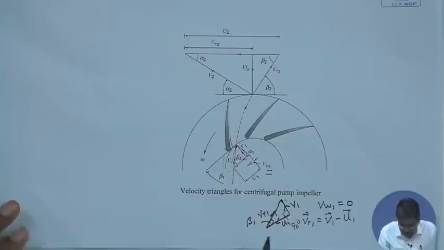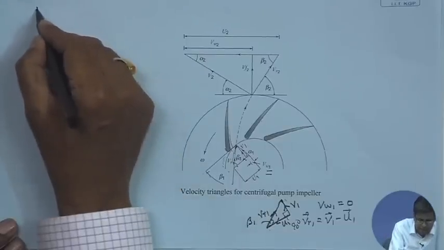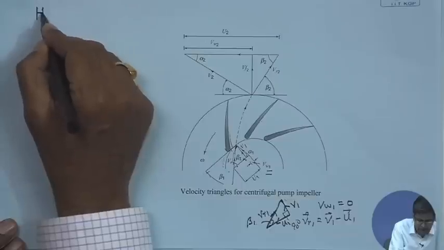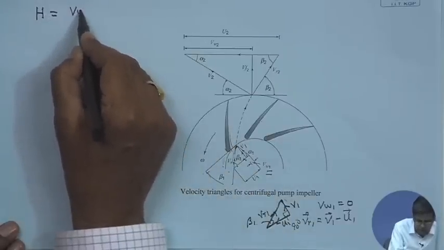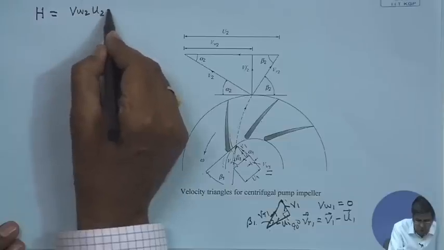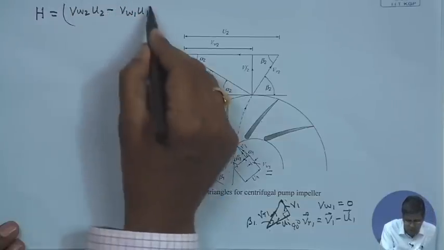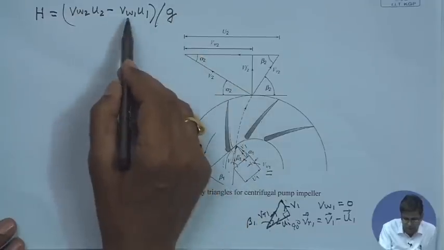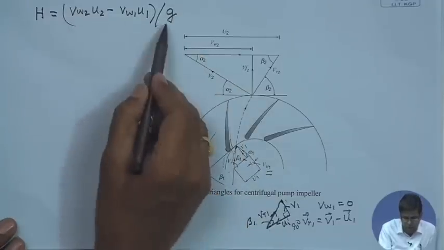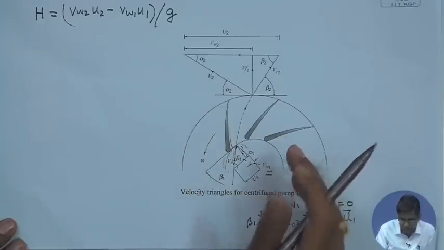Okay. Now, this is done because you know that H, that is the head given to the fluid, is (Vw2 U2 minus Vw1 U1) by g. That we already developed as Euler's turbine equation. (Vw1 U1 minus Vw2 U2) by g is the head delivered by the fluid in the case of a turbine.